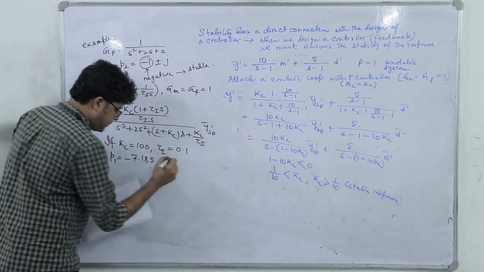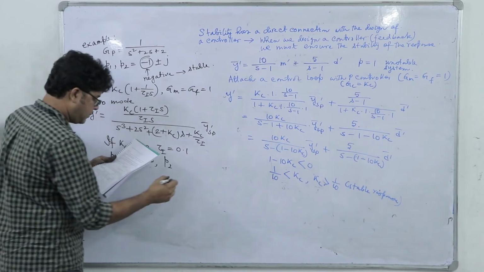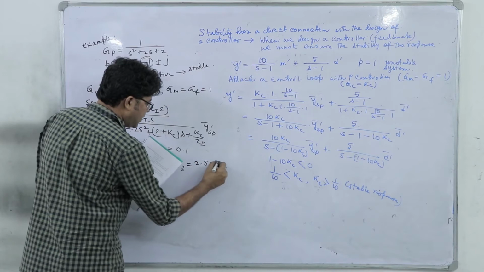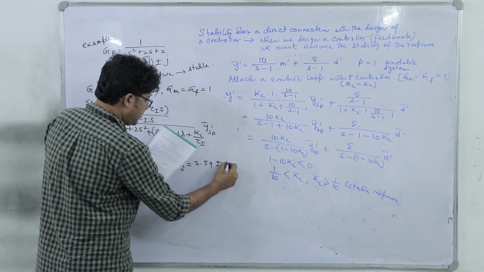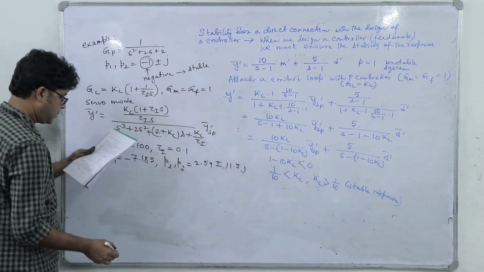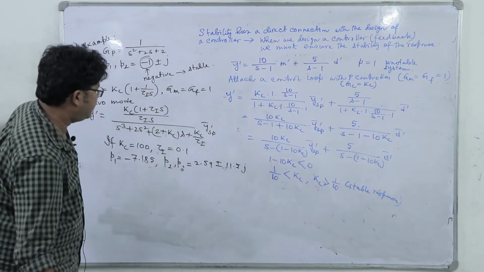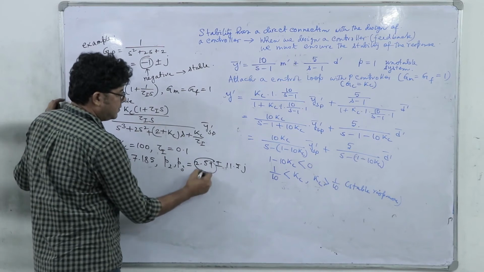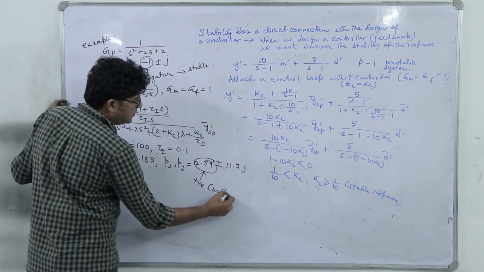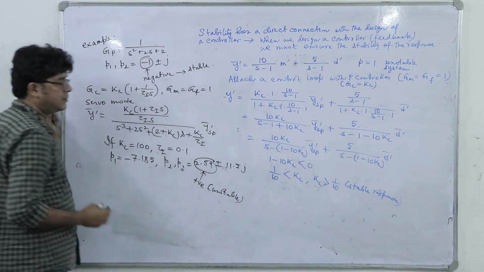But P2 and P3 are 2.59 plus minus 11.5 j. Right. So what we observe is that this is positive. So it will become unstable.